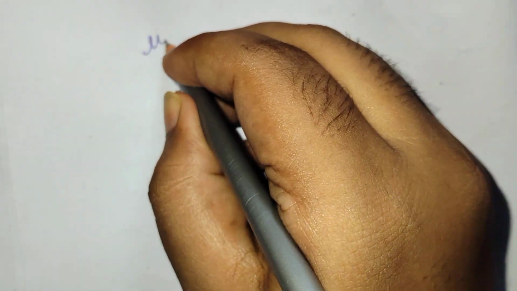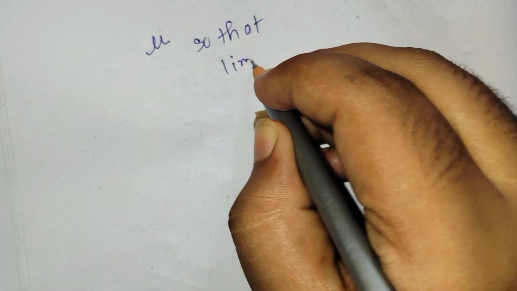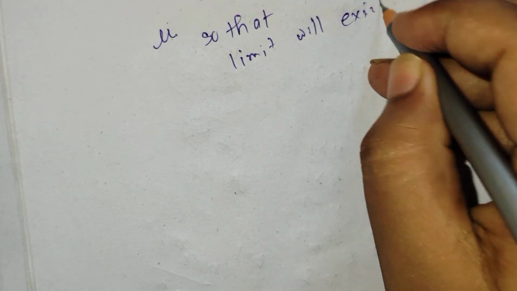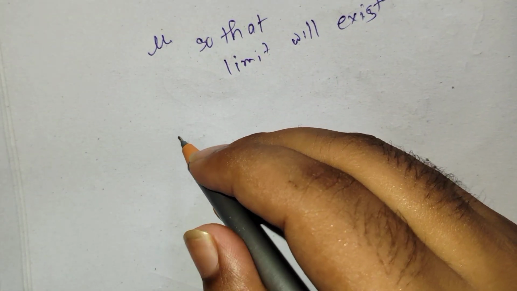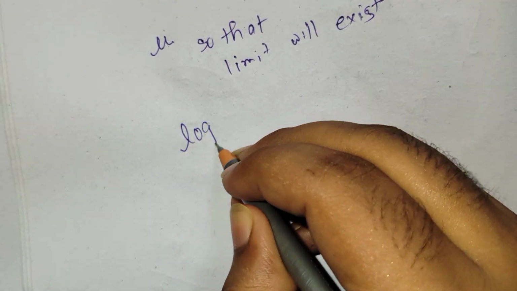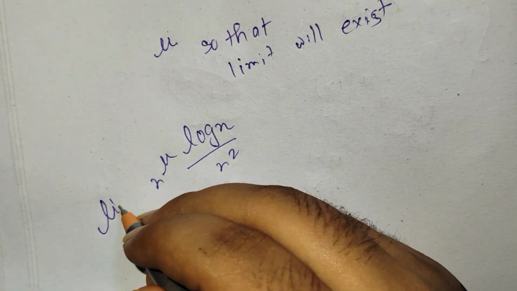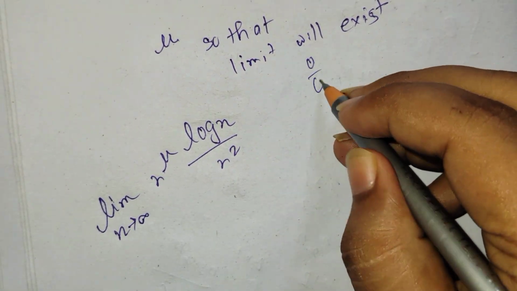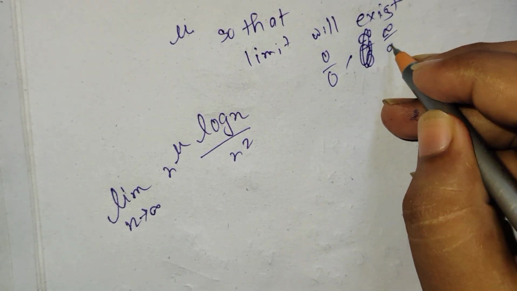So as I have told you, you have to choose mu so that the limit will exist. It depends on the question. Let's say in that question it is log x by x square into x to the power mu, and if we want the limit to exist, then we have to make a format something like 0 by 0 or infinity by infinity.